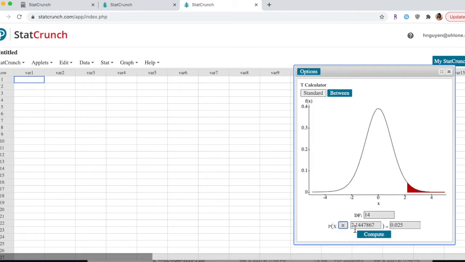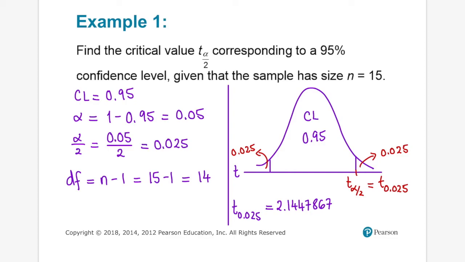And this is my t-value, 2.1447867. t of 0.025 equals 2.1447867. Please read the instruction to see how many decimal places you should round this to. I am going to just round it to 2 decimal places for this problem.